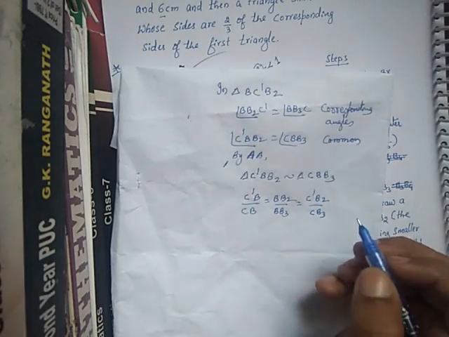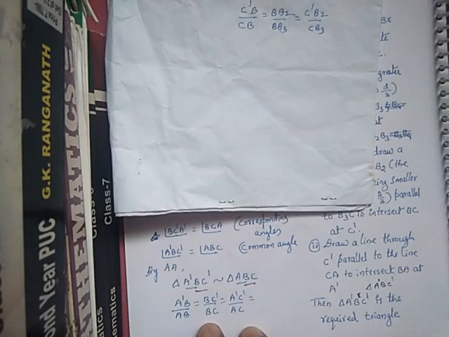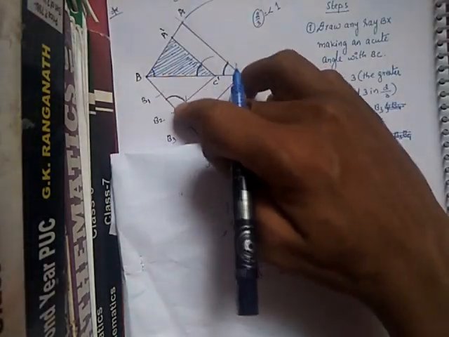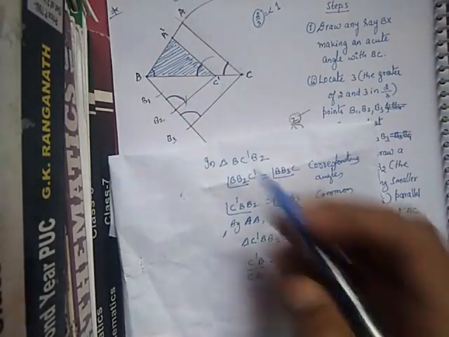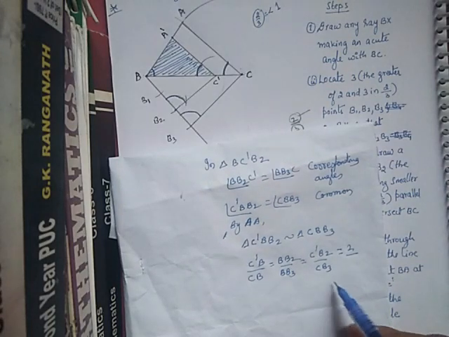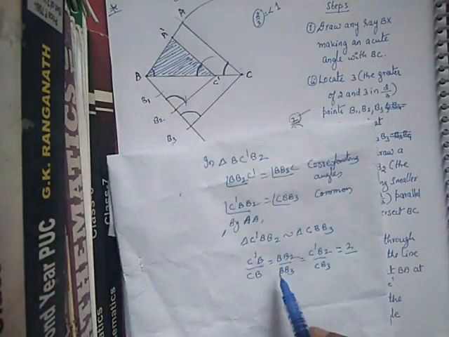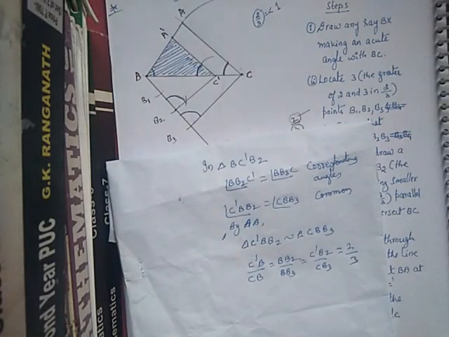Here BB2 means 2 arcs, so it is 2, and BB3 is 3, so you can write this as 2 by 3.